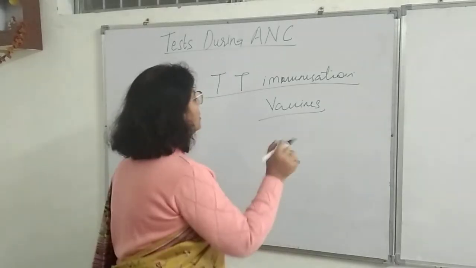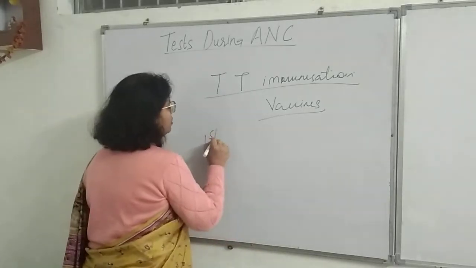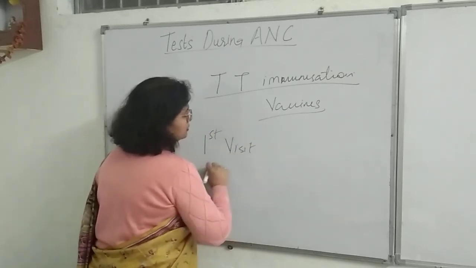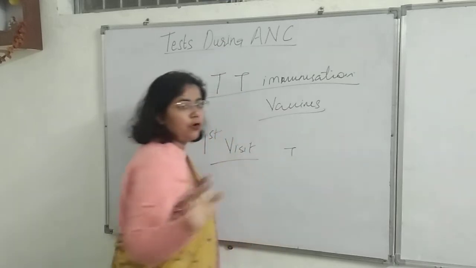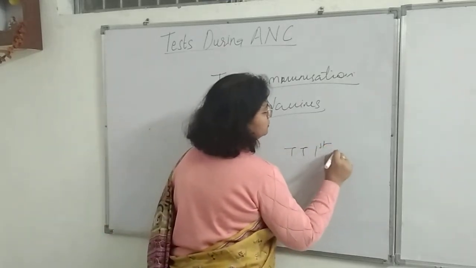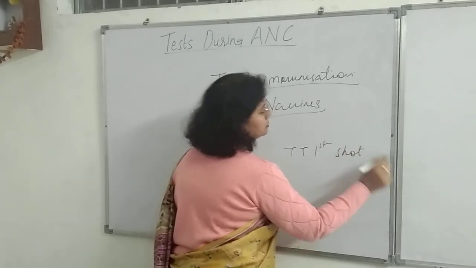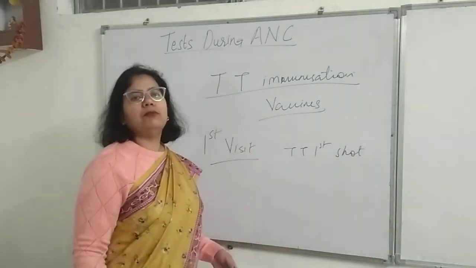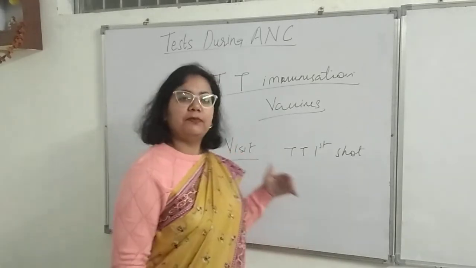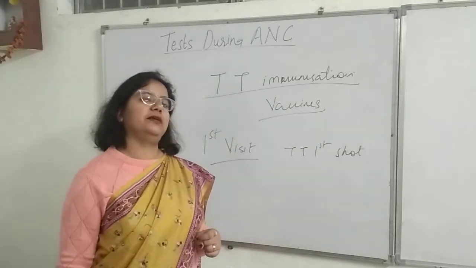No. First visit. Now WHO says first visit, give her, irrespective of her duration of gestation, give her first tetanus shot, because there are more chances that she will not turn up when you want to immunize her.